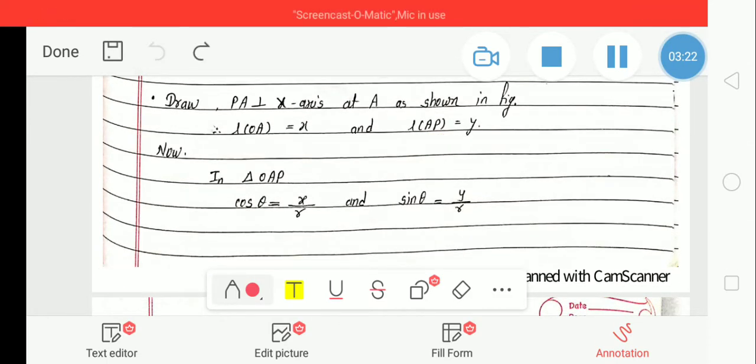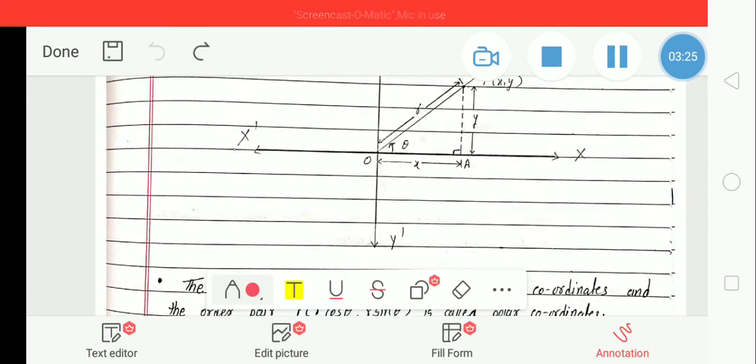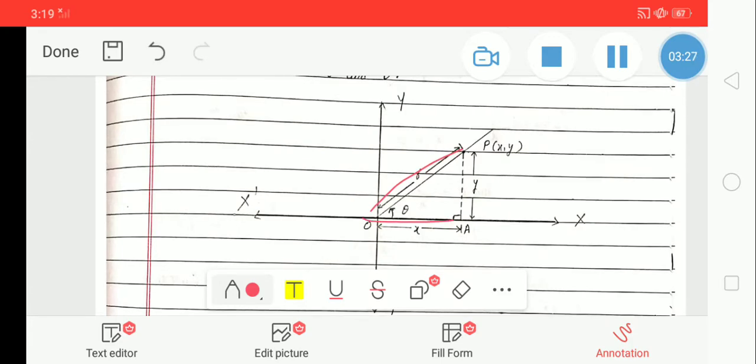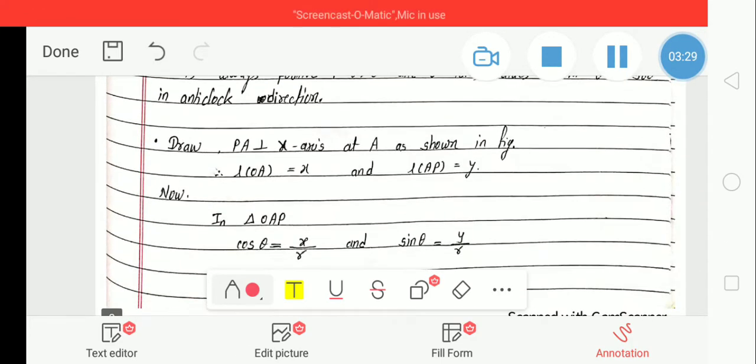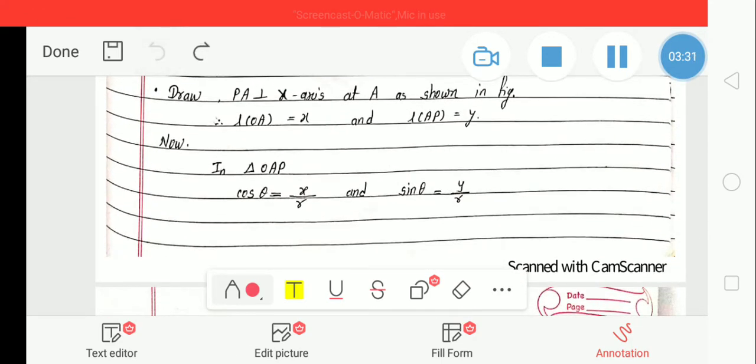Now in triangle OAP, cos theta is equal to x divided by r, and sin theta is equal to y divided by r. We use the last lecture's formulas: sin theta is opposite upon hypotenuse and cos theta is adjacent upon hypotenuse.